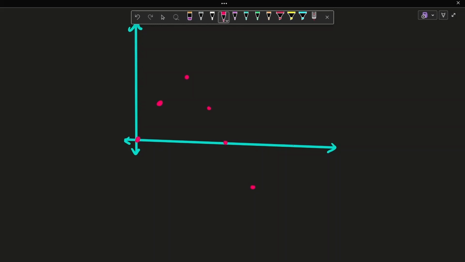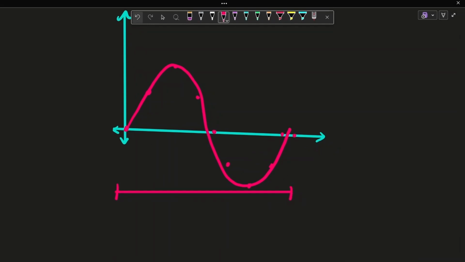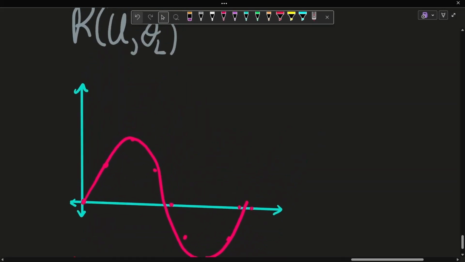So sine looks like this. If it's sine 2 theta, that means our entire period is just 1 pi.